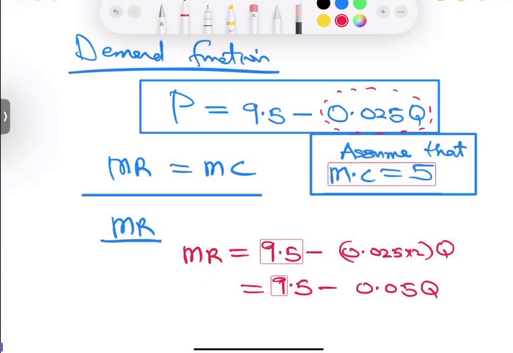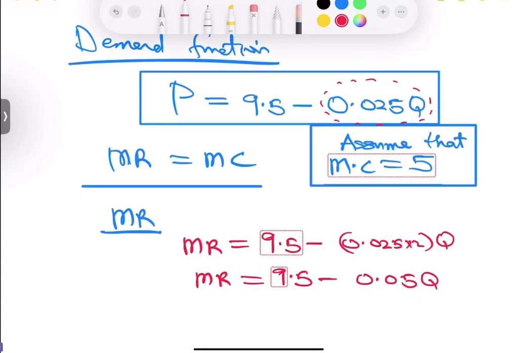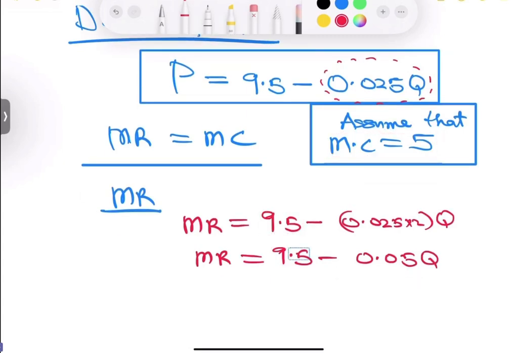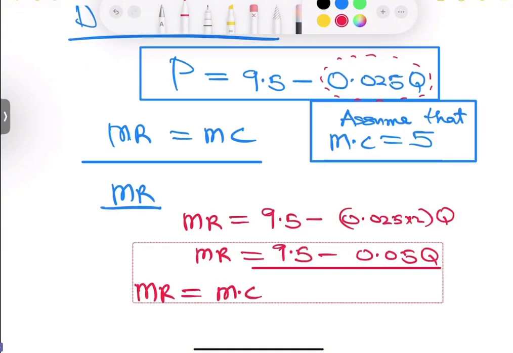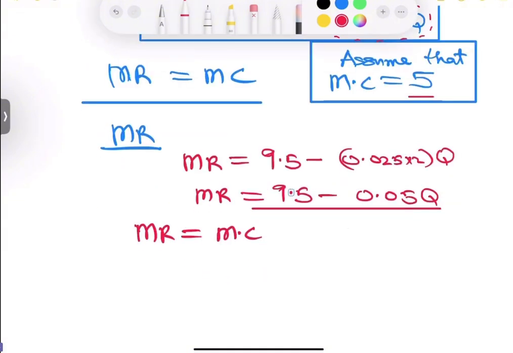Make sense? So now that we know this is our marginal revenue, to get the quantity that we should be selling to maximize profit, this must be equal to our marginal cost. So marginal revenue must equal marginal cost, and we have assumed that marginal cost is 5. So 9.5 minus 0.05 Q must equal 5.